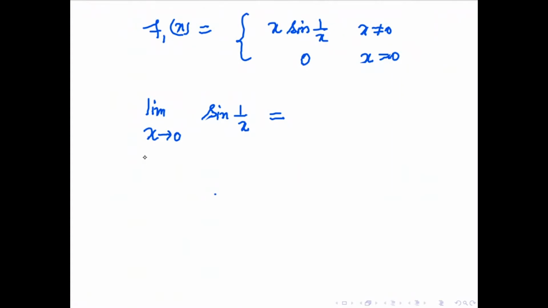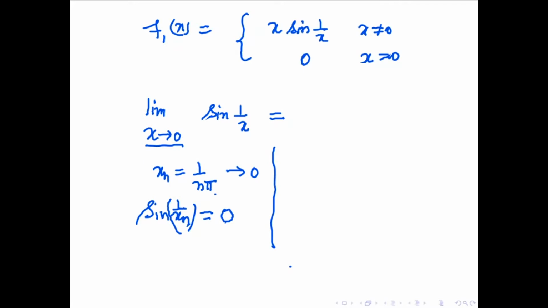For example, if I construct a sequence, one is 1 upon n pi, then this is going to 0 because x goes to 0. But what is sine 1 by xn? Sine 1 by xn will be 0, because here 1 upon xn we put in this function, and it will give 0.